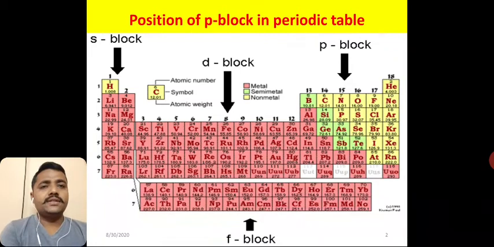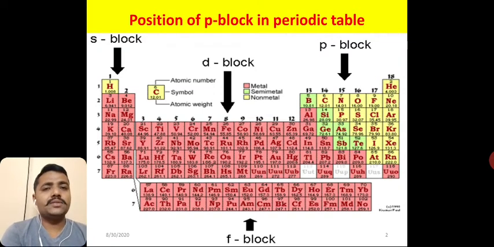On the left side is the S block element, on the right side is the P block element, between S and P is the D block element, and below the periodic table is the F block element. And you know that the S block element is a positive character, and the P block element is a negative character.